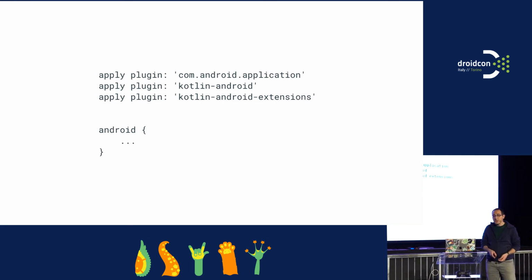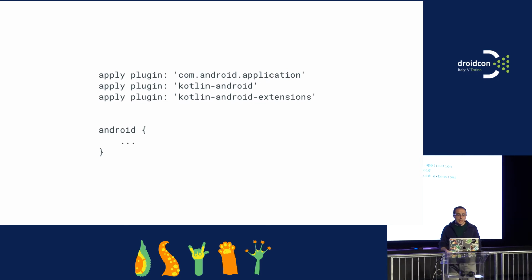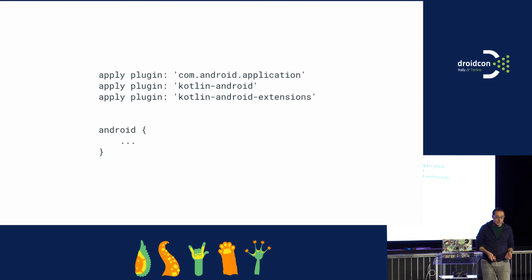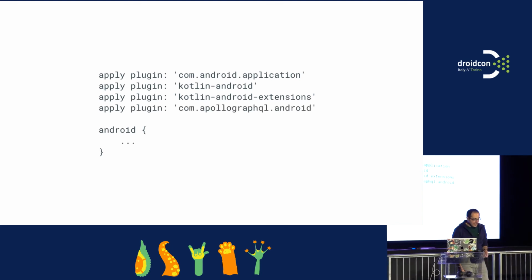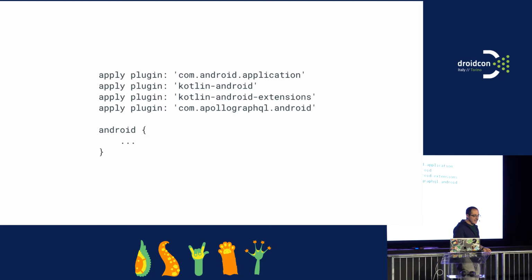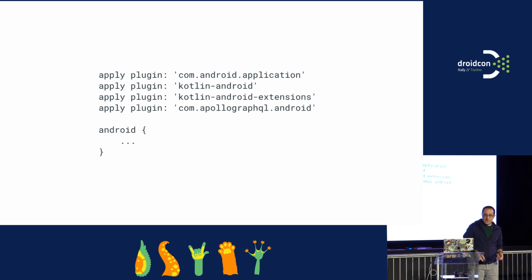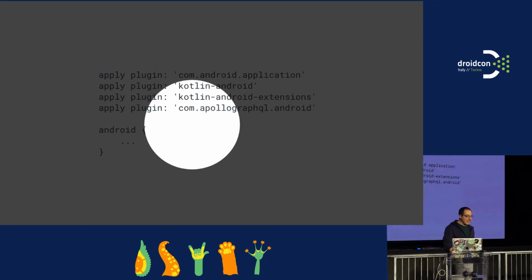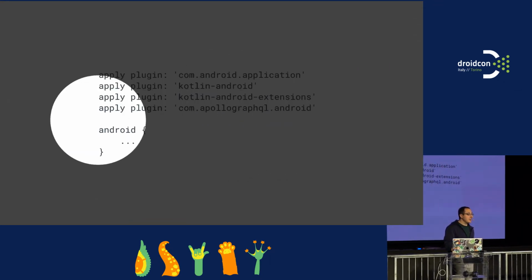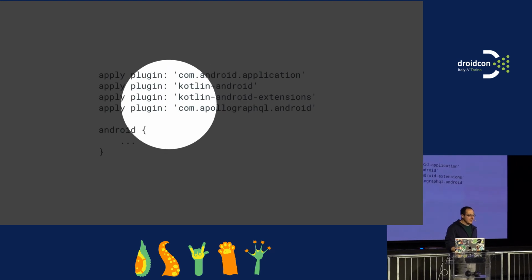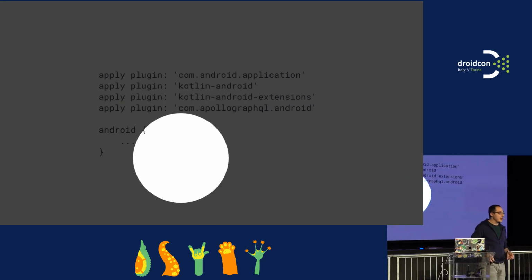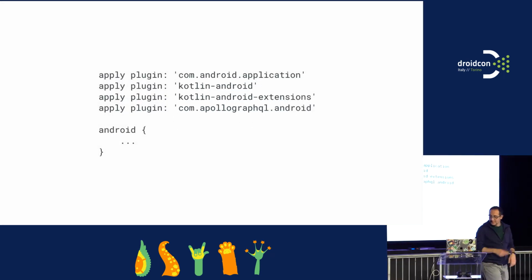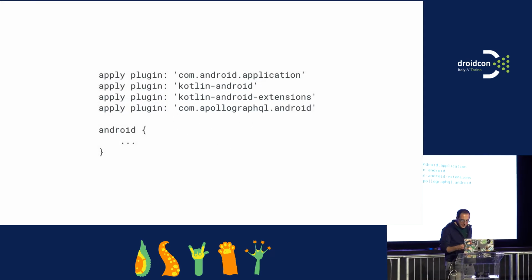After that, you switch to the build.gradle file of the module where you want to use Apollo and add the plugin among the others. This part here is really important. If you didn't add the second and third plugin, go and do that now because they are really important. Also the fourth, but especially everything from Kotlin. I still love Kotlin, I'm sorry.